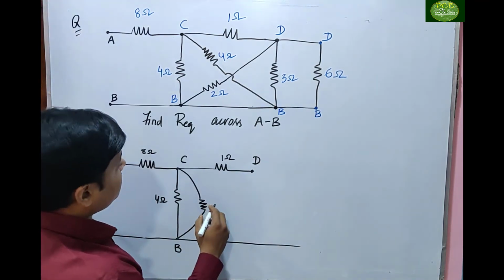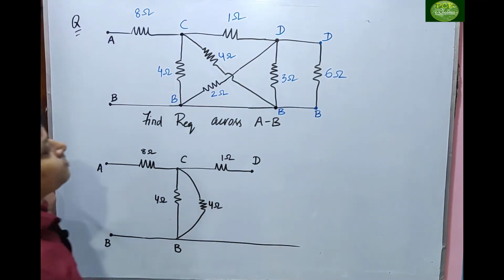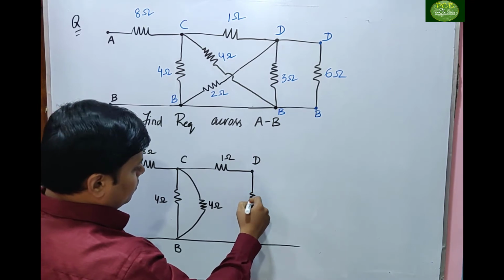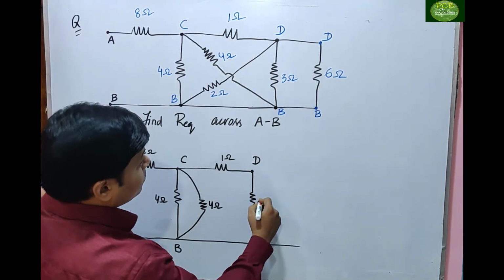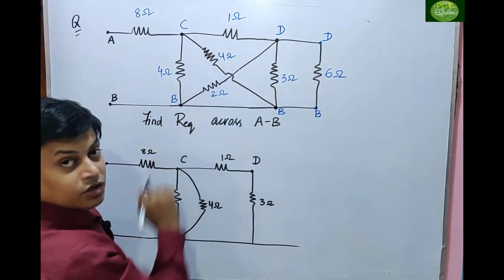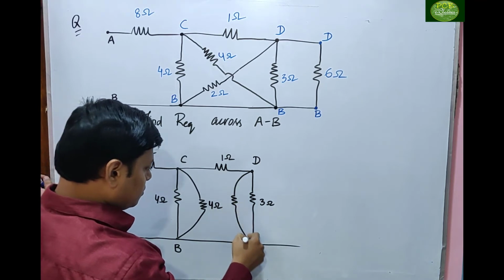Right? C to B. How much? 4 ohms. Next, D to B, 3 ohms. Again D to B, what is there? 2 ohms.